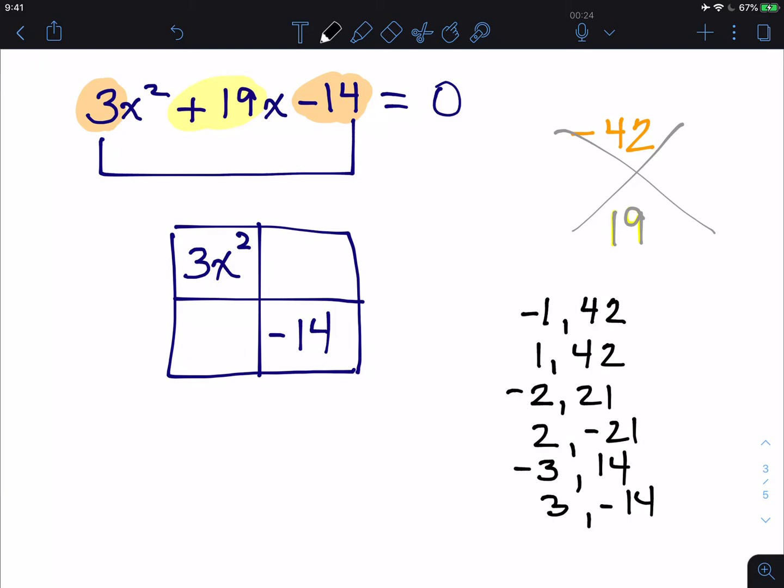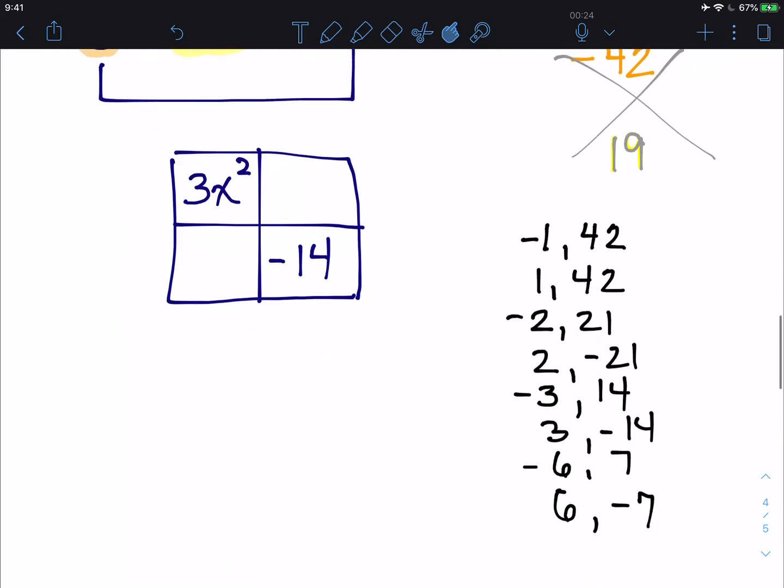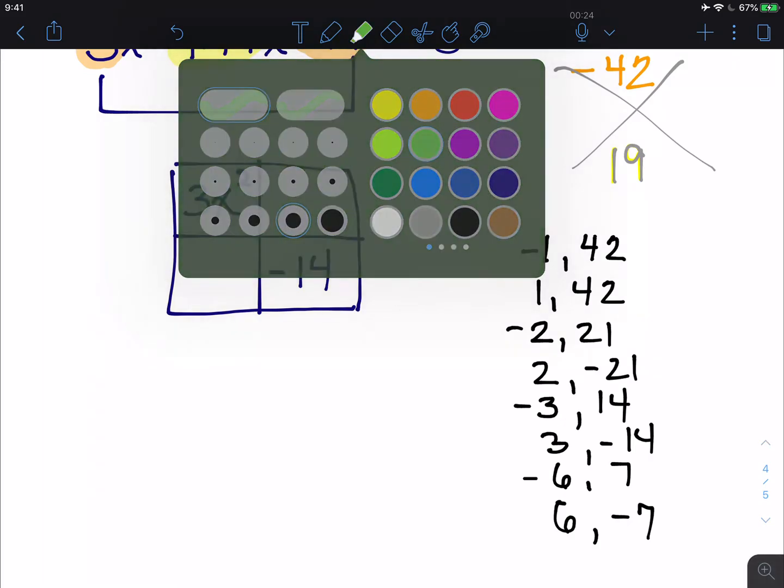And I can multiply negative 6 and 7, or 6 and negative 7. Any of those ways I can multiply and get a product of negative 42.